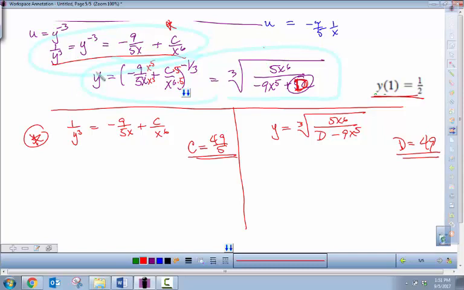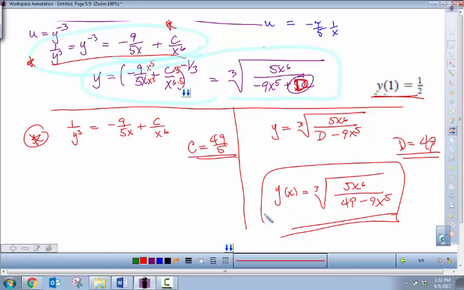So either case is fine, but for me, this probably would have been the easier move to solve for c here. In any case, your final answer would end up being whatever this is. So y of x is equal to 5x to the 6th over 49 minus 9x to the 5th. Okay?